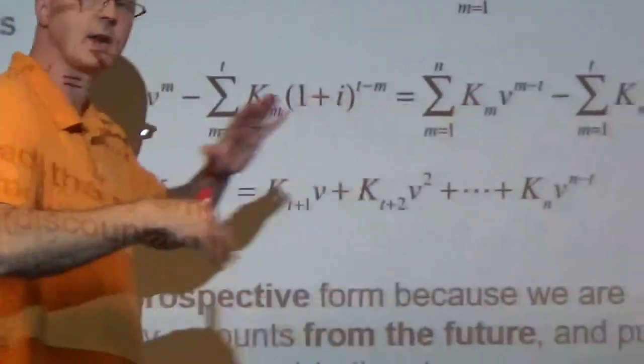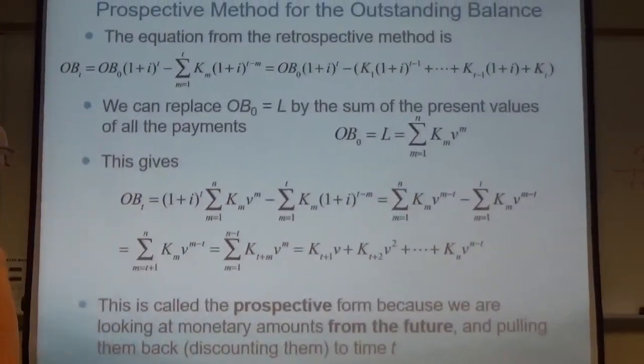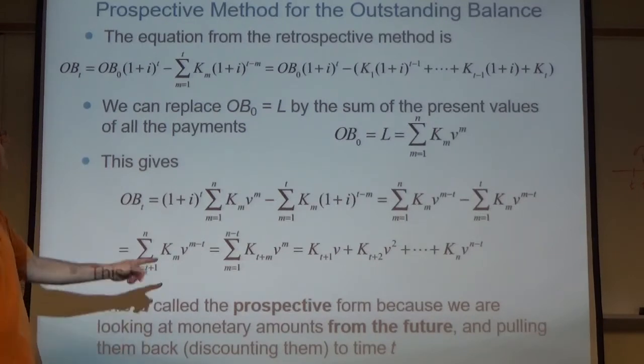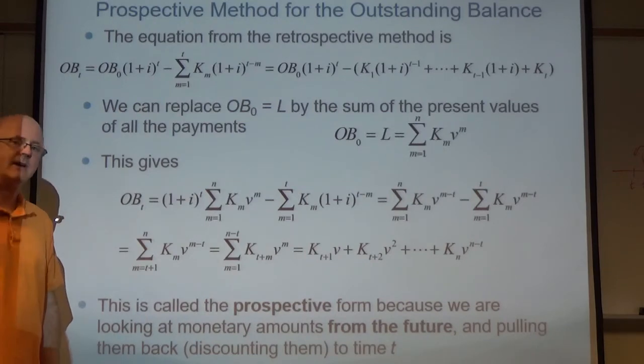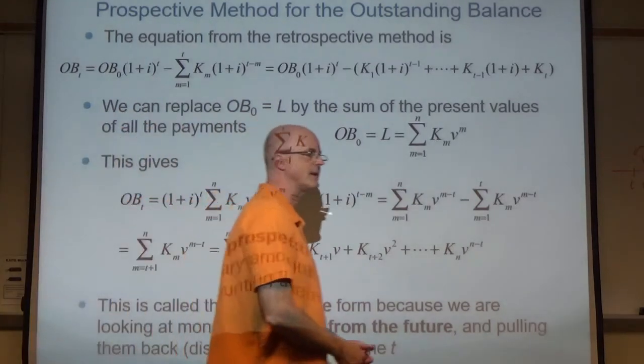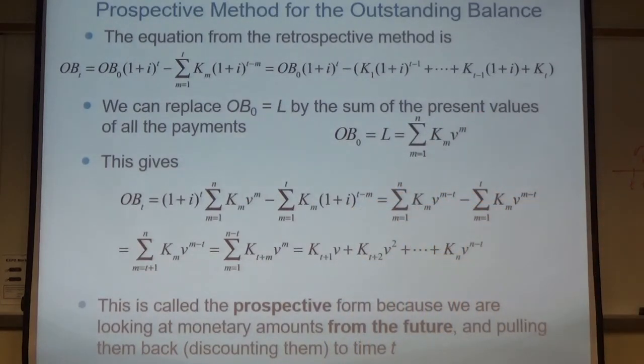It's called the prospective method because you are thinking about payments that are to come forward in time, and you're pulling them back to the present, discounting them to time t. That's called the prospective form. And they give you the same value. The retrospective and prospective methods have to give you the same value. They are equivalent to each other.